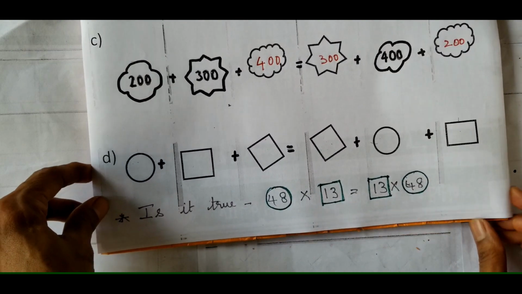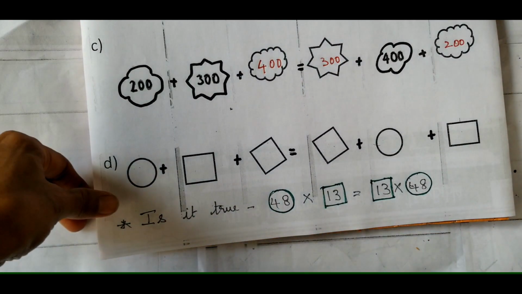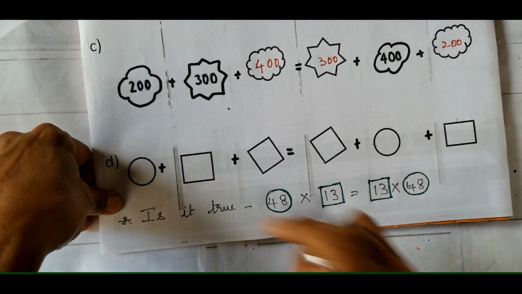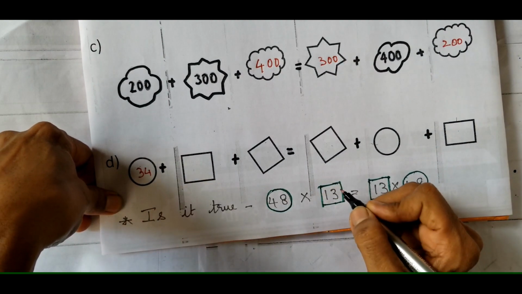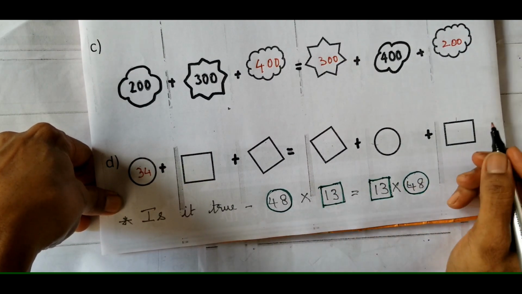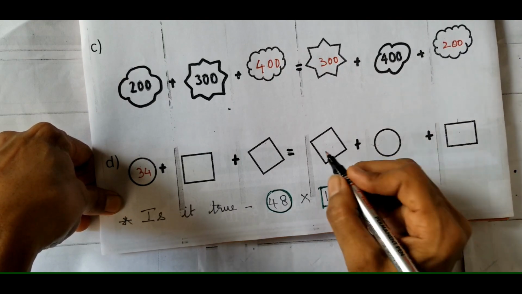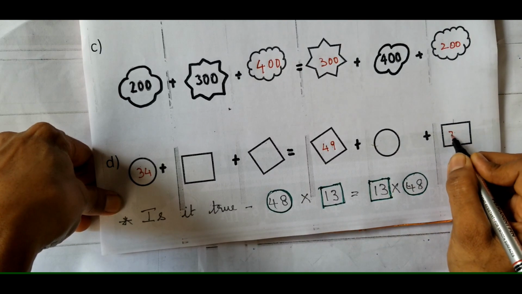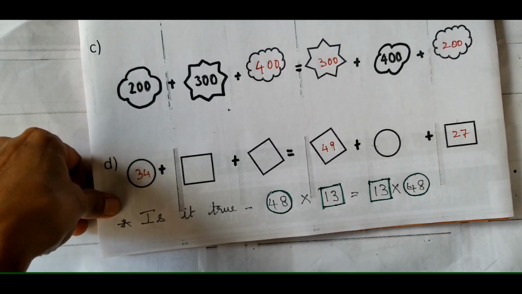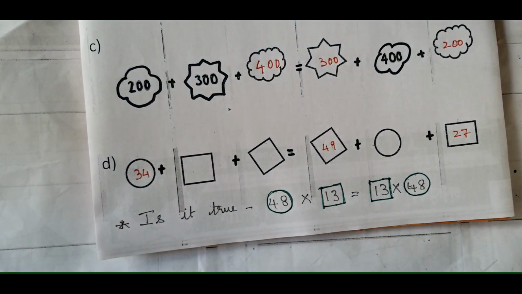Now in the D question, we have to write the numbers on our own. So I'm going to give you numbers here. Let me write 34 here and 49 and 27 here. Now what?